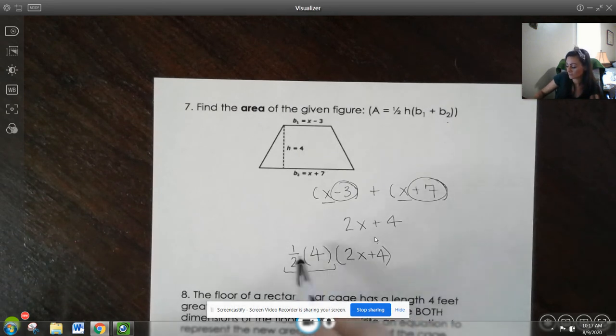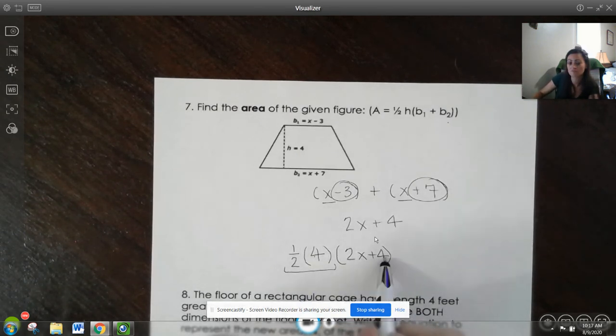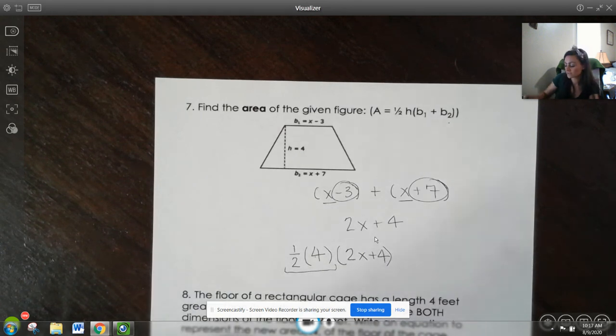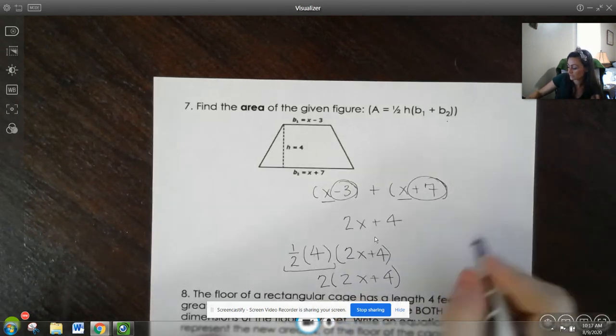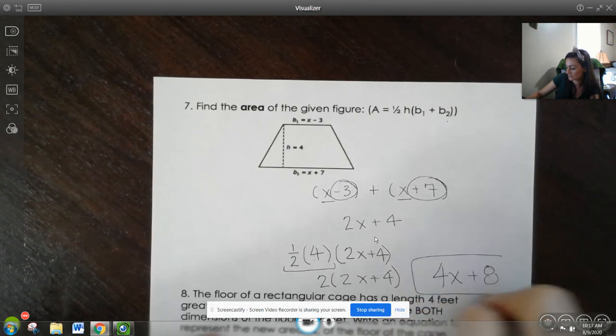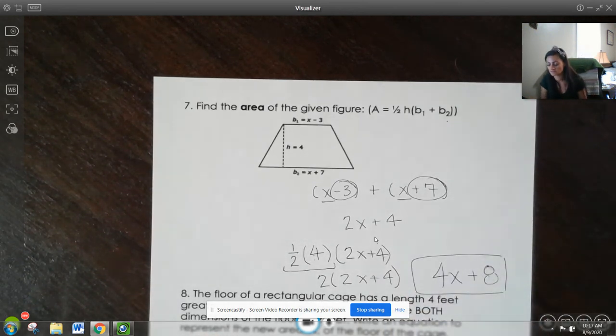You could distribute the 4 to both of these terms. You could distribute the 1/2 to both of these terms. I'm just going to knock out the fraction right off the bat. So that would give me 2 times 2x plus 4, which as a result will give me 4x plus 8. And that would be the area of that trapezoid.